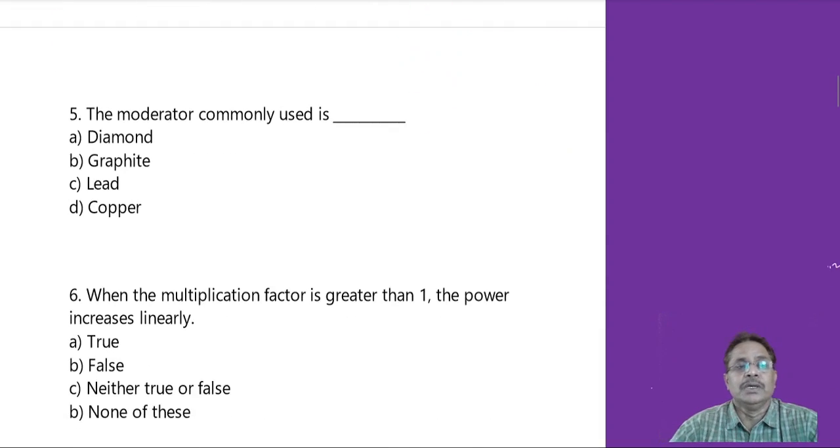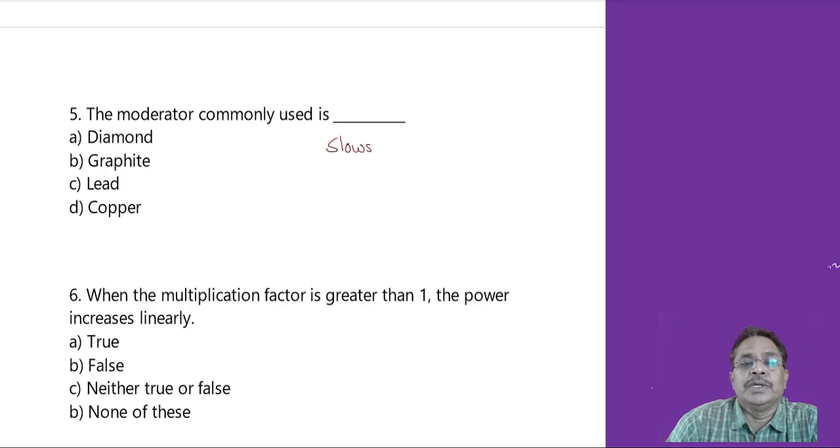Question 5. The moderator commonly used is amongst these: diamond, graphite, lead and copper. The moderator is basically a component of a nuclear reactor which slows down fast moving neutrons, and further these neutrons are made available for causing further fissions.